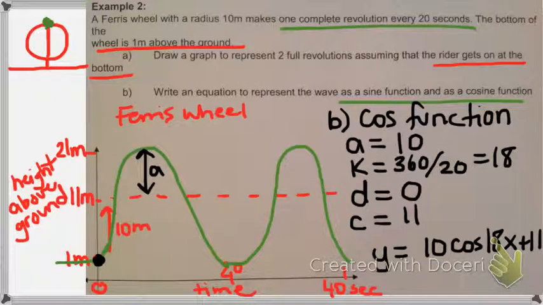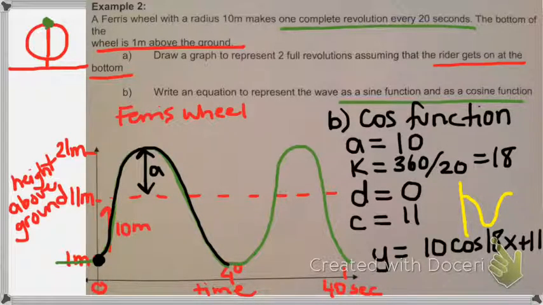I mentioned before that this cosine wave actually opens down. Well, I want you to think of the original cosine wave that we have. Now, just to make it stand out, I'm going to use a bright yellow here. A cosine wave that we're used to seeing looks like this. It starts here, it opens down and comes back up like that. That's the cosine wave. That is not what we've drawn here.